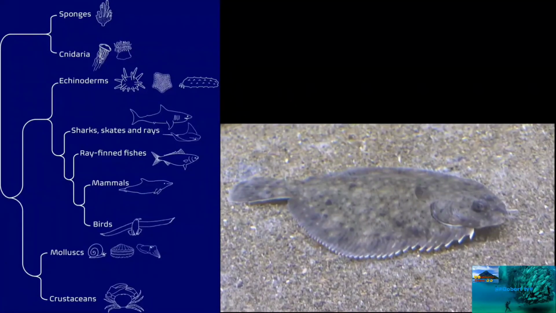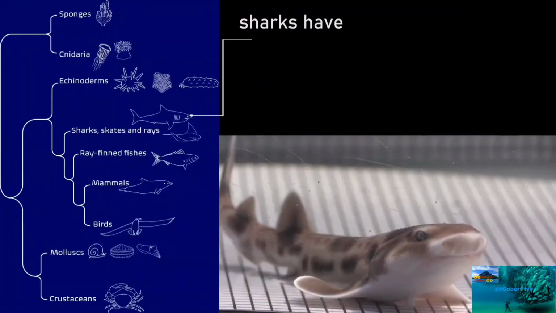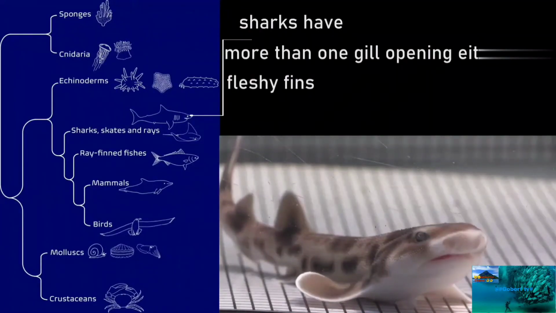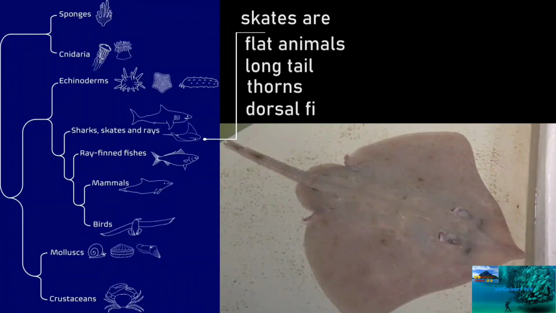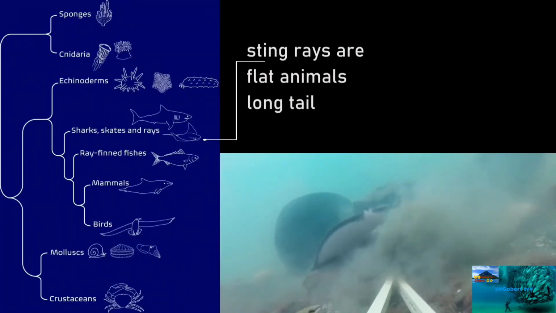So we can say ray fin fishes have one gill opening either side of their body and bone rays in their fins. We can say sharks have more than one gill opening either side and fleshy fins. Skates are flat animals with a long tail with thorns and dorsal fins. And stingrays are flat animals with a long tail with a sharp barb.